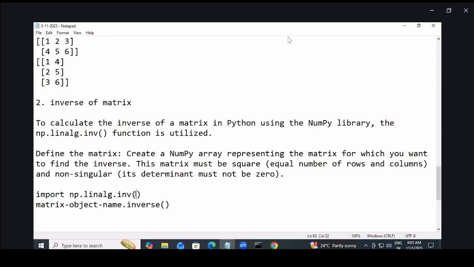Here you have to send which object? An ndarray object, because this is a function. Here inverse is a function, so you have to send the object. But with the method, you don't require to send the object.